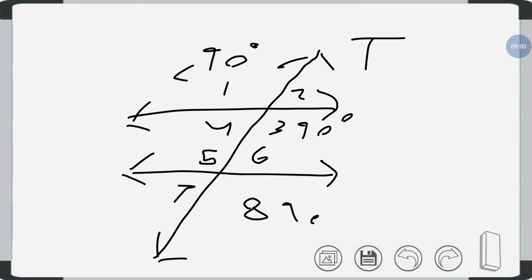Angle 5 should also be 90 degrees because they are all related to each other. So if we have angle 1, we can know angle 3 is 90 degrees, angle 5 is 90 degrees, and angle 8 is 90 degrees.